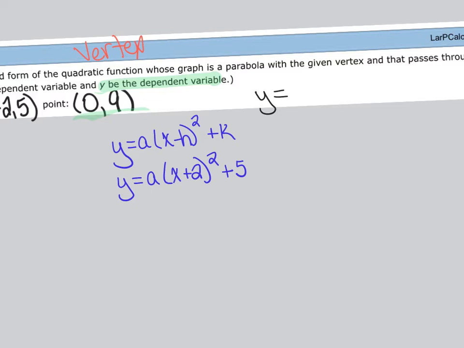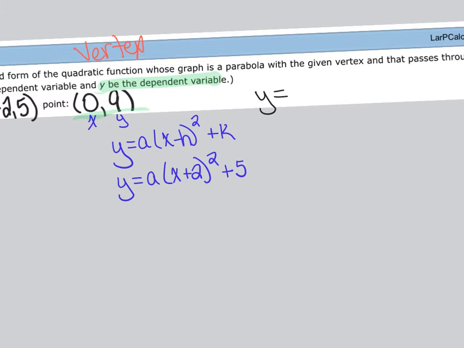Now, I am given another point. What does the value 0 and 9 represent? What coordinate does 0 associate with, and what coordinate does 9 associate with? X and Y, okay? So this 0 can be an X value, and when that 0 is X, my Y value is 9.